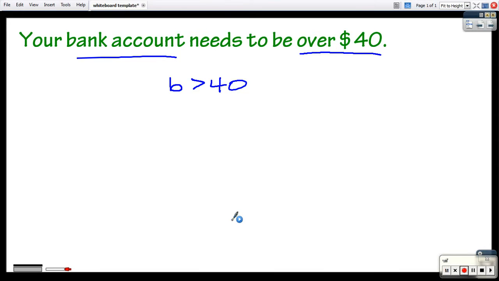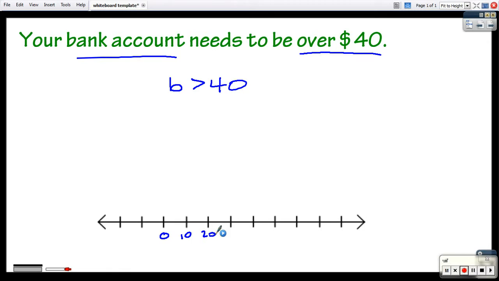But what if I also want to visually see this? I want to see it as a graph. So let's make a number line. And you know what, since I have to go all the way up to 40, I'm just going to skip by tens. We're going to start here at 0 and go by increments of 10, because that's a reasonable amount where I can still see the details of the graph. Okay, so now anything above $40 is going to be in this region over here.